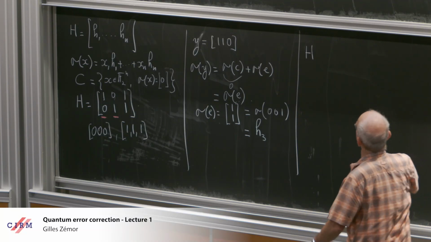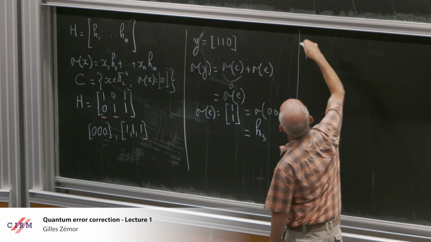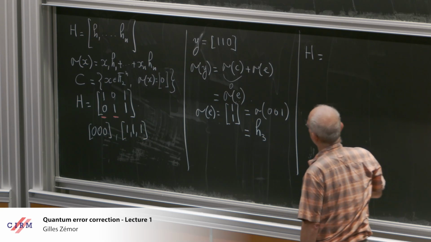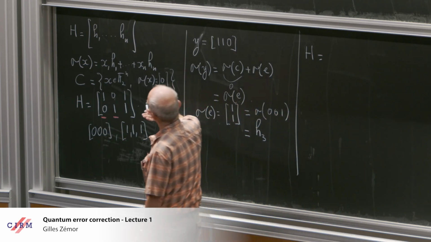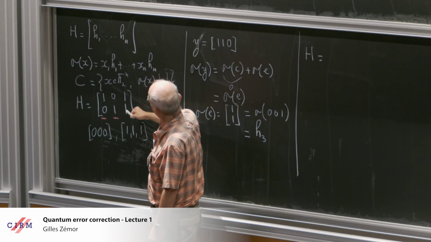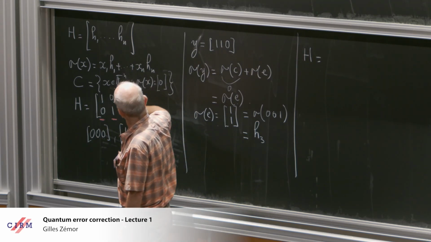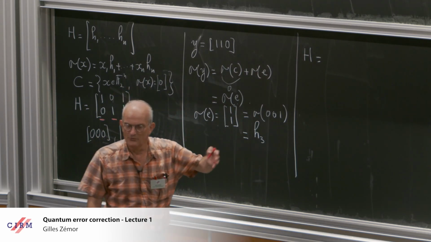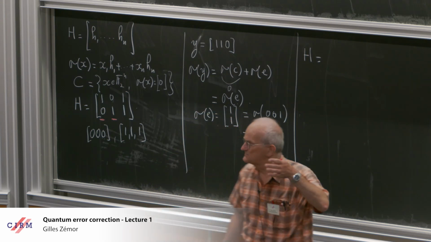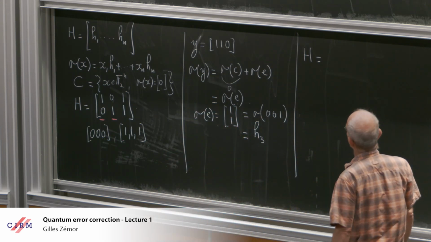So for example, slightly more complicated than the repetition code. So notice here, the repetition code has a parity check matrix which consists of all distinct binary columns of length 2.